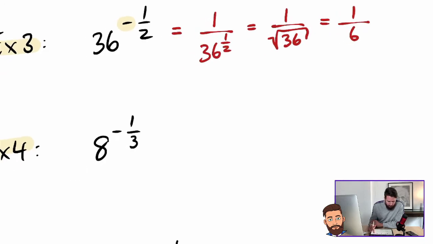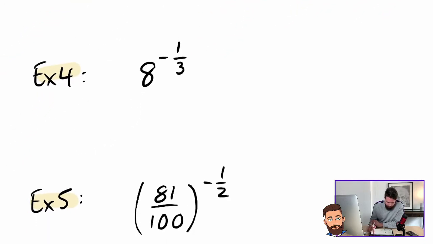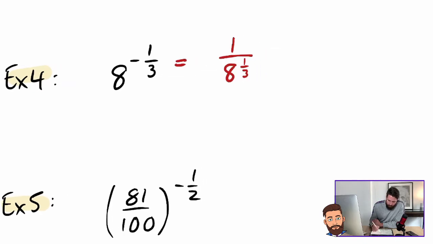So we can replicate this in example 4. We have got 8 to the minus 1/3. Well, remember, what does the minus mean? The minus means we're going to do the reciprocal. We're going to flip it. So 8 flipped technically means 1 over 8 to the original power, which would be 1/3, without the minus. What do we know to the power 1/3 means?